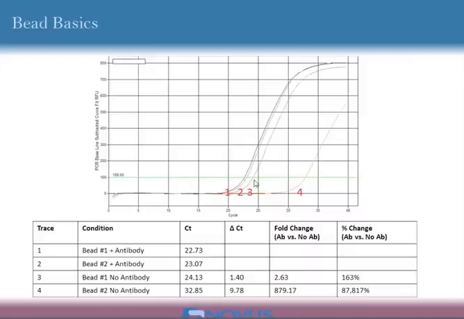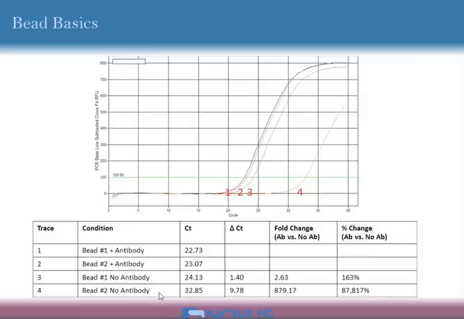So 1 and 3 are matched up, and 2 and 4 are matched up. So if we compare bead 1 with antibody to without any antibody, we can see that our cycle difference here is only about 1.4 cycles, which is a fold change of 2.6, which may seem like a lot if you are not comparing them to good beads.